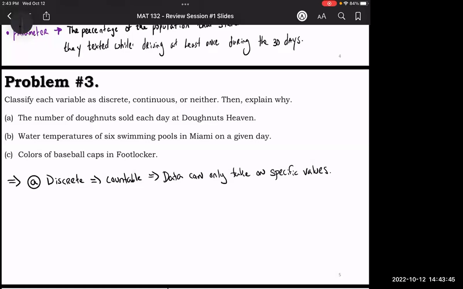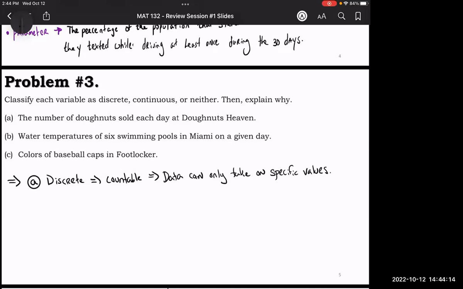So that's discrete. Let's look at part B. Water temperatures of 6 swimming pools in Miami on a given day. Continuous. Why? The water temperature on a given day, like maybe on Monday, you have to check the temperature for each one.